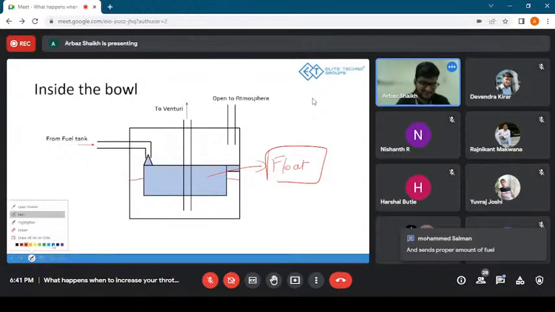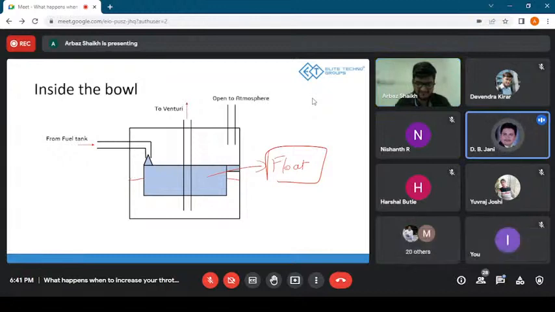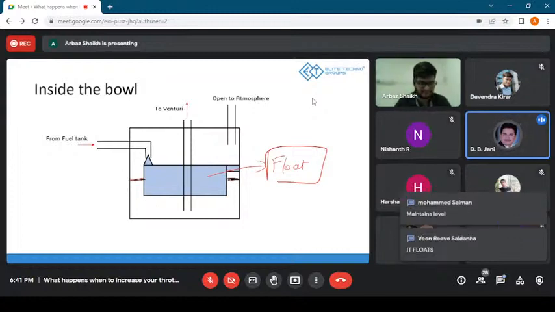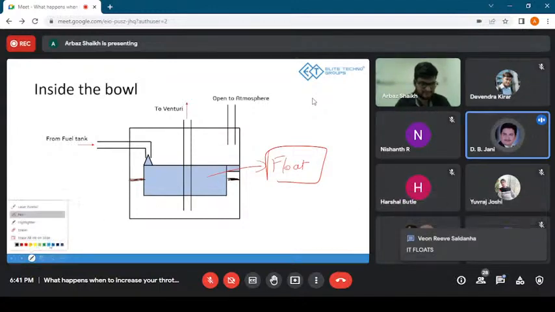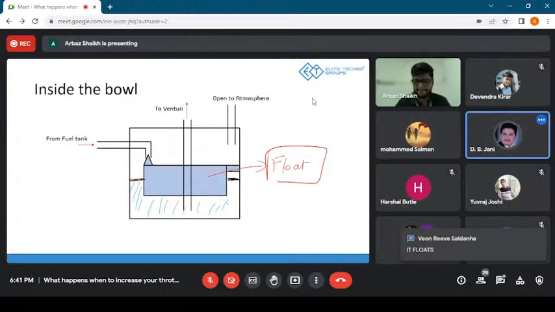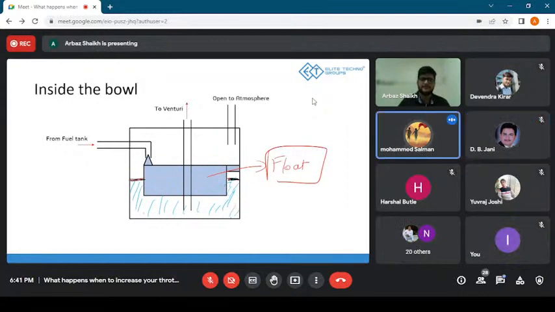Sir, a float will level the fuel. Right? The level of fuel in the tank can be controlled by the float, whether to induct more fuel inside the tank. It takes only the required amount of fuel in the storage tank, and if the level is attained, it will block the fuel entering it.